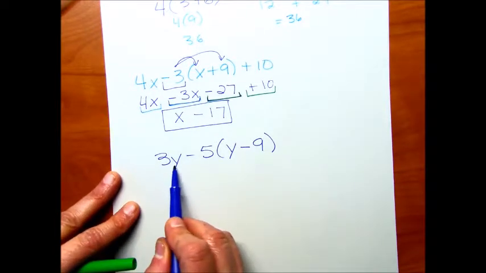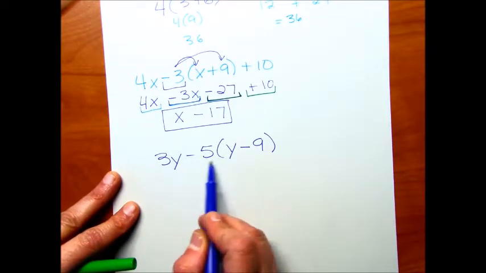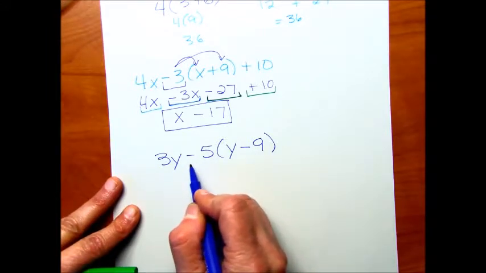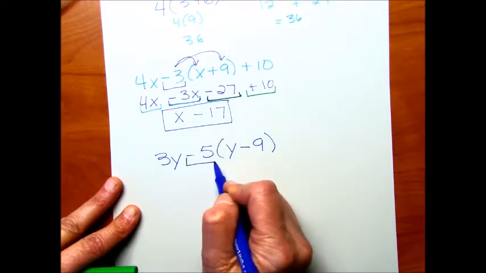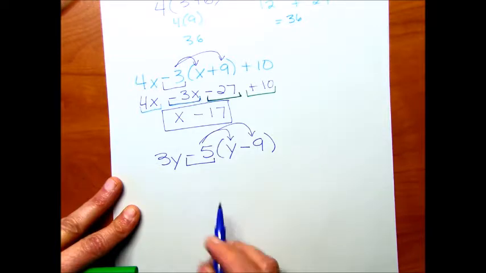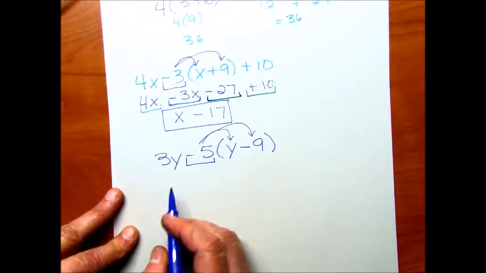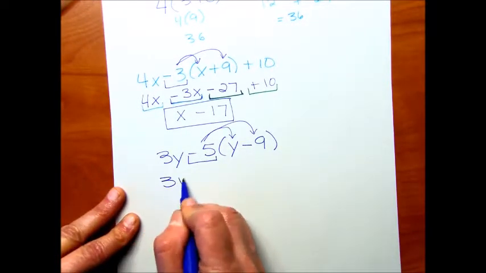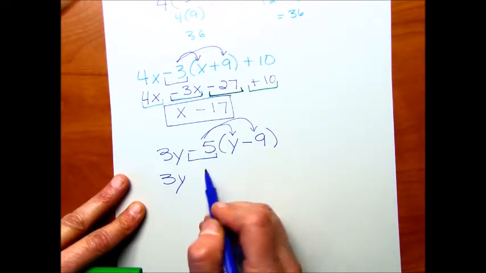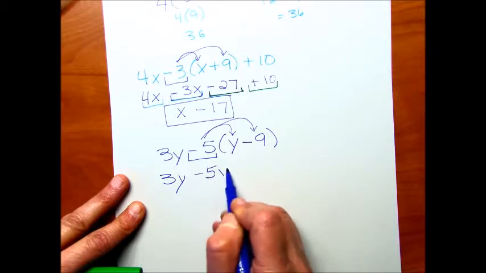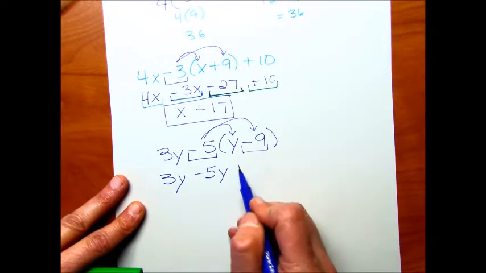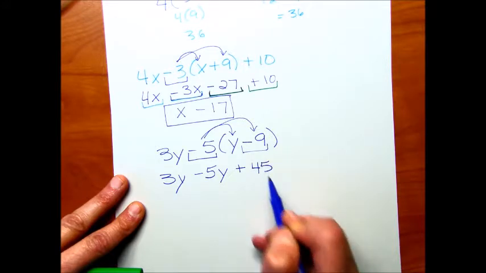It looks like we've got a variable y, and then some numbers. But I need to break this up. So again, I'm going to take this negative 5, multiply it to each part within the parentheses, and rewrite it. So I'm going to first rewrite the 3y, and then I'm going to distribute. Negative 5 times y is negative 5y. Negative 5 times negative 9 is a positive 45.